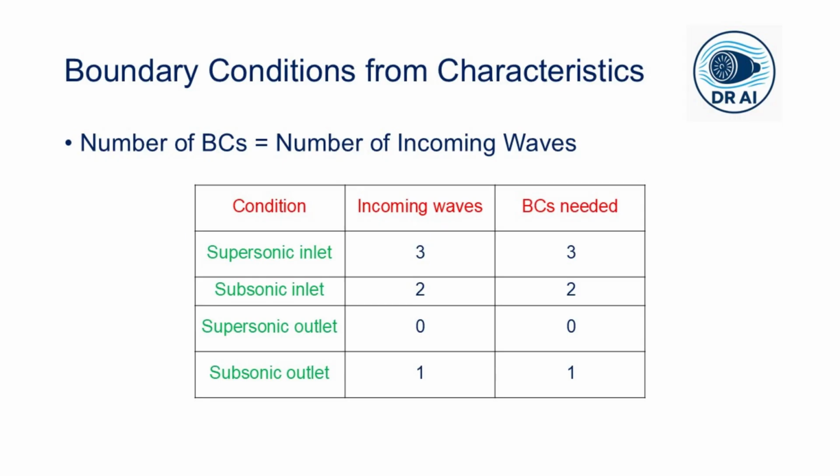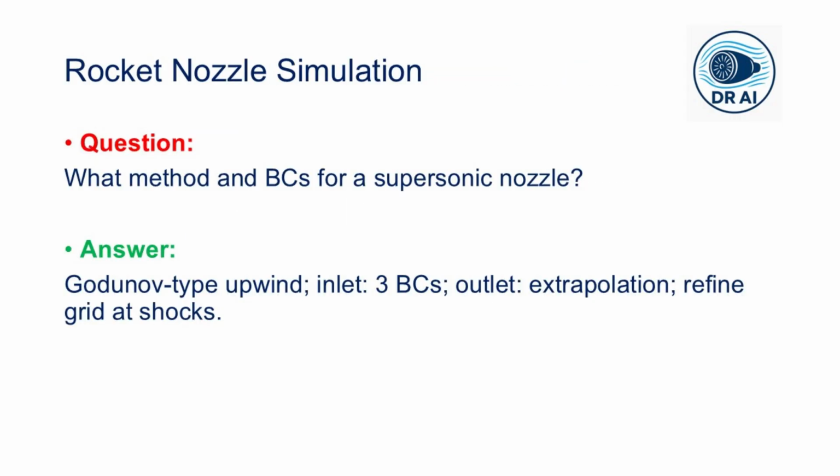This is not arbitrary. It is actually dictated by the method of characteristics. Now, if you are simulating a rocket nozzle with supersonic flow throughout, what numerical method and boundary condition would you choose?